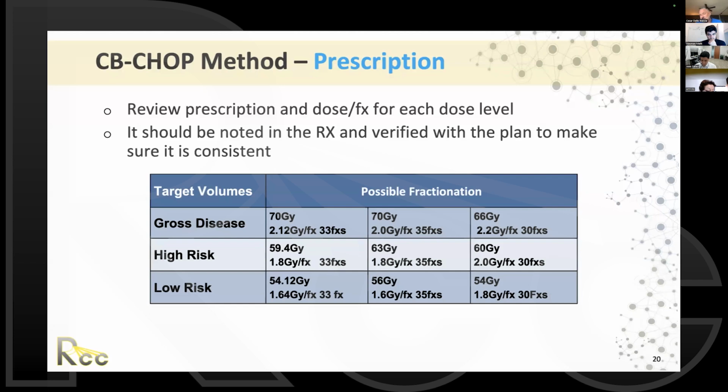The prescription is one of the first things we ask to have right from the beginning, because we want everything to be clear. And you want to make sure that it's followed during the planning process and the evaluation process of the plan.